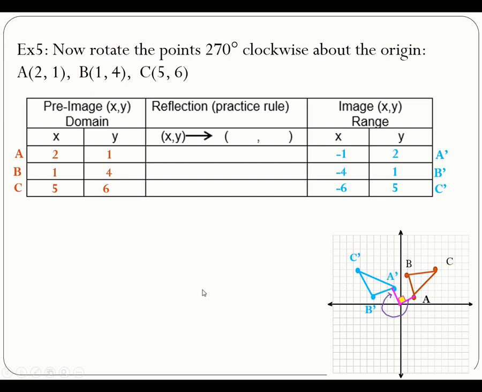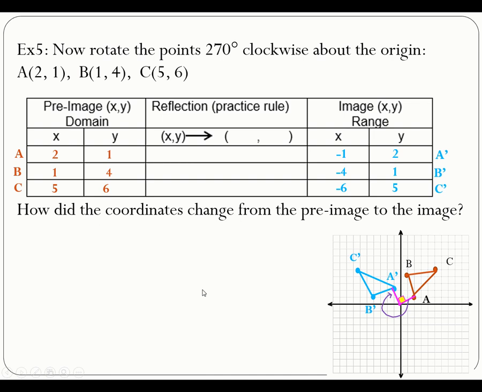Okay, but again, there's a shortcut, so we don't have to keep using patty paper. Unless you like the patty paper, then you are more than happy to keep using it. So if we look at our points, again, they kind of look the same. Some things look like they've switched around. Some of the signs are different. So the rule for when we do a 270 degrees clockwise turn is that x and y switch places, but the original y's become negative.